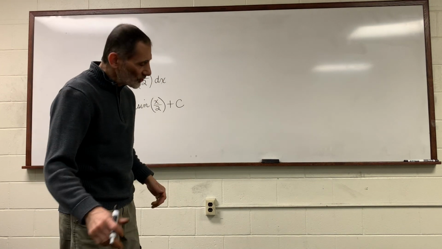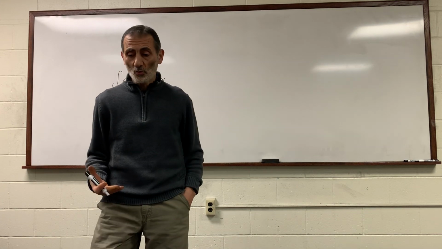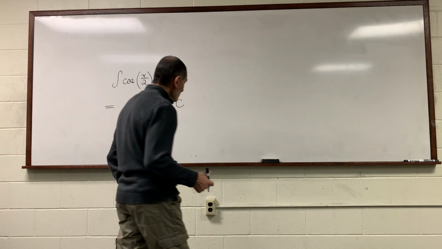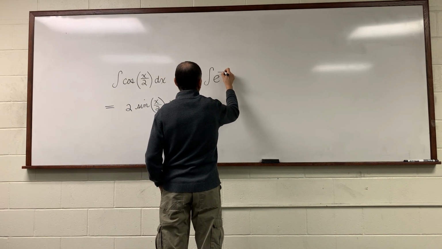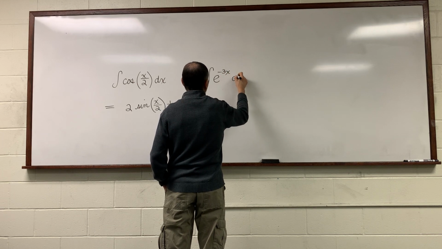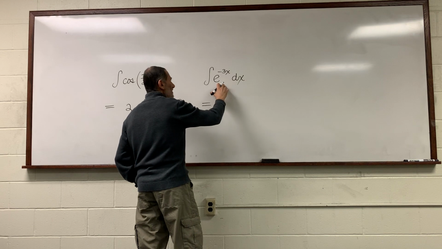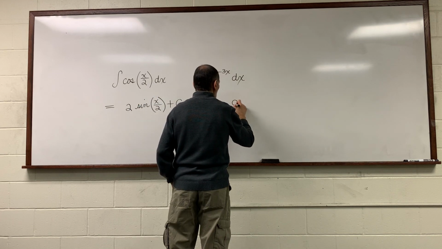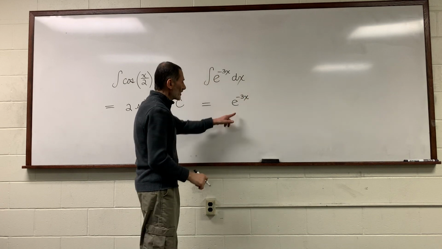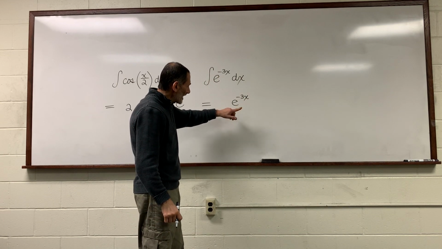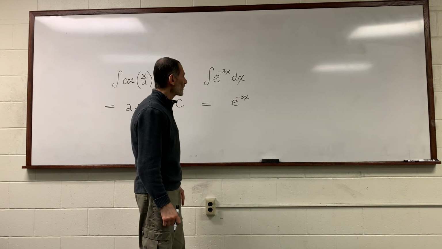Very similarly, you know that the derivative of e to the u is e to the u du dx. So again, you know that your antiderivative has to include e to the u. If you were to differentiate that, you would find that your derivative is e to the negative 3x times negative 3.